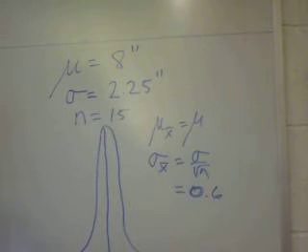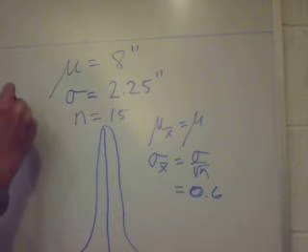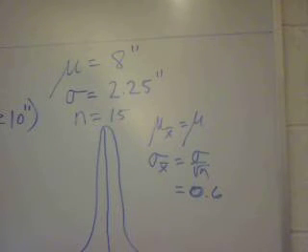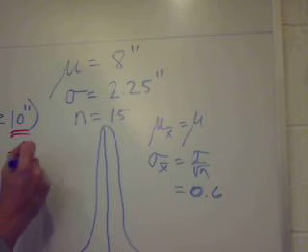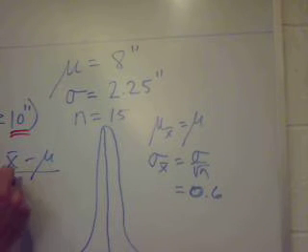Now here's the question. What's the probability that a random sample of 15 fish has a mean length greater than 10 inches? So this is what I want to find out. Well, here's what I do. I take this x bar value and turn it into a z-score, using the formula z equals x bar minus mu over sigma over root n.